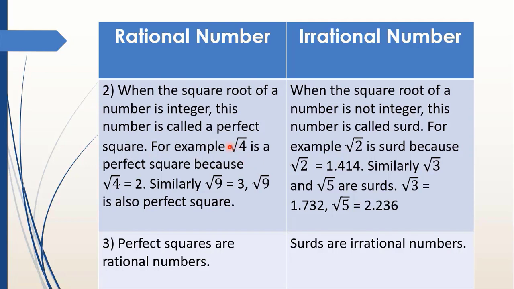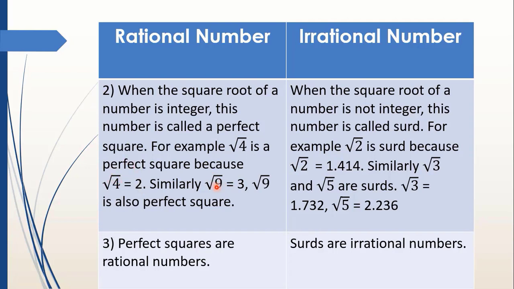For example, the square root of 4 is equal to 2, which is an integer. So square root 4 is a perfect square because its answer is an integer.